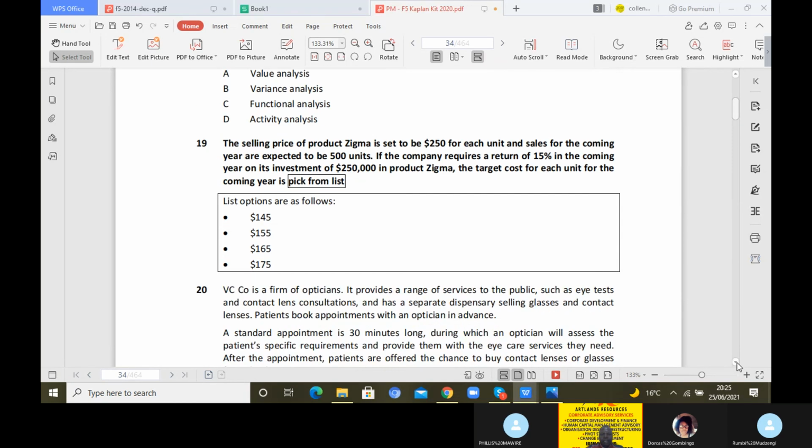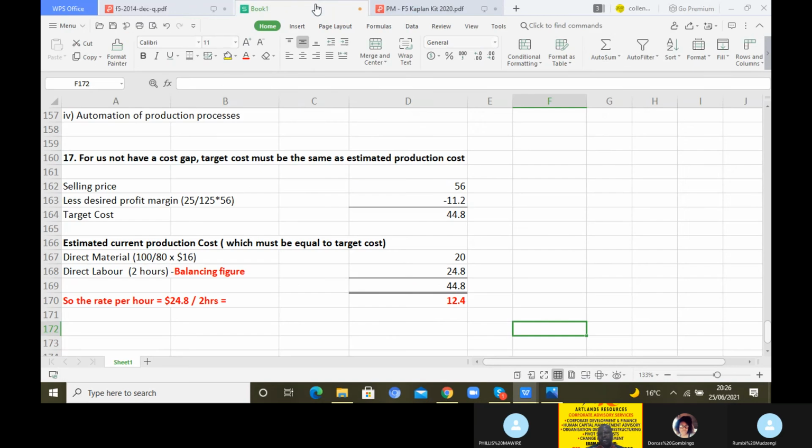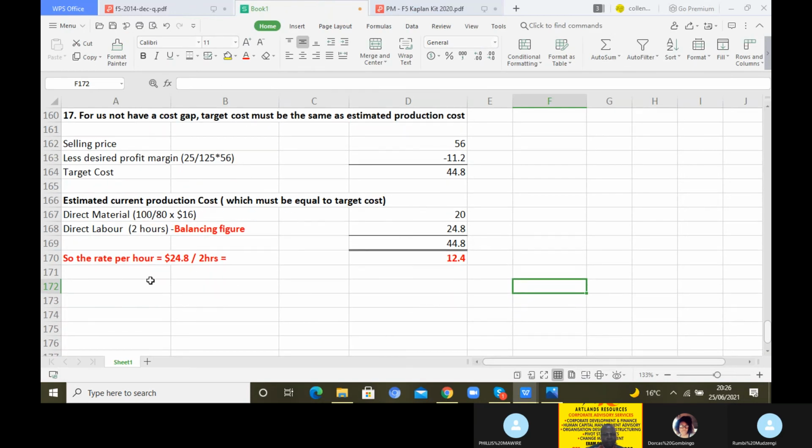Here it says the selling price for a product Sigma is $250 for each unit, and sales for the coming year are expected to be 500 units. If the company requires a return of 15% in the coming year on its investment of $250,000 in product Sigma, the target cost for each product is... You still do it the same way.